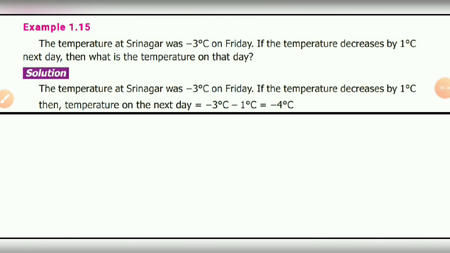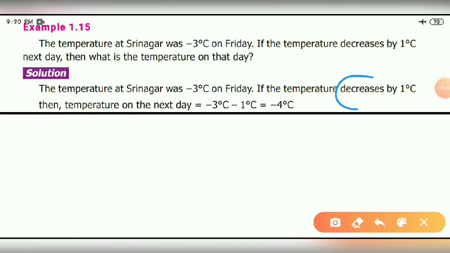Again 1 degree Celsius reduced, and reduced is represented as a minus sign. So minus 3 degrees Celsius minus 1 degree Celsius. Keep the same minus sign and add the two numbers. 3 plus 1 is 4, so minus 4 degrees Celsius.